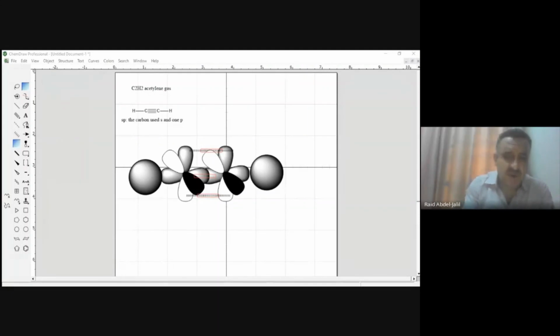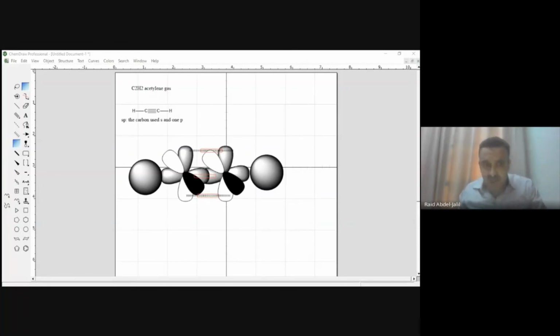Mazen asks a very good question: it looks like we have 4 pi bonds, but it's actually only 2. Every interaction above the plane and below the plane, these two, we call 1 pi. You follow me, Mazen?